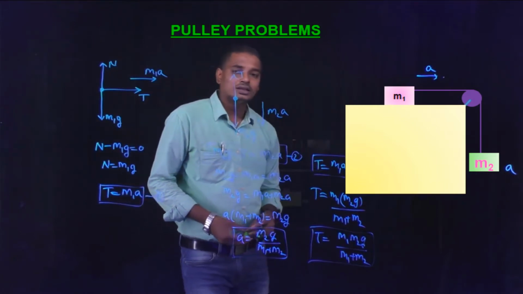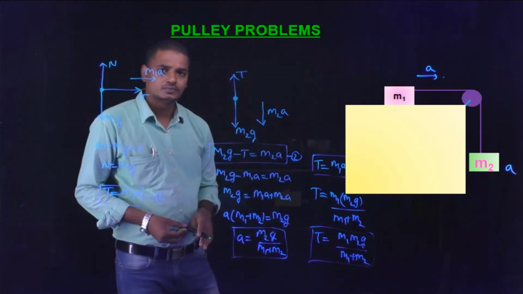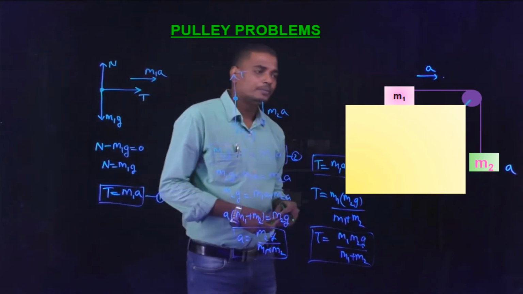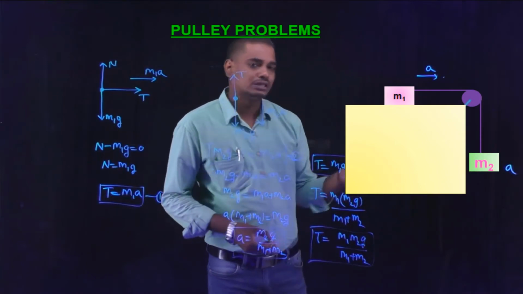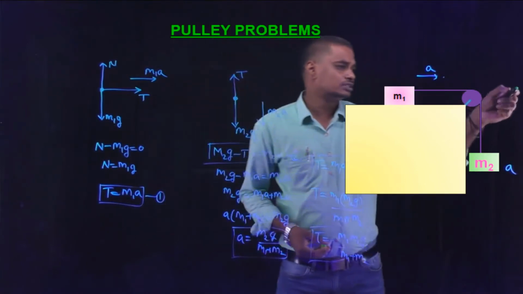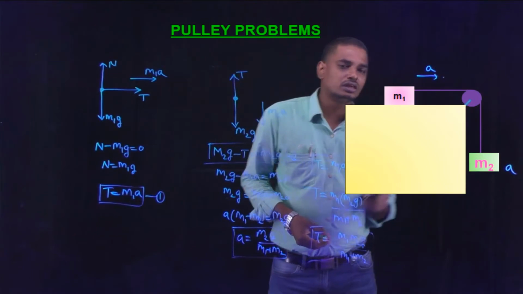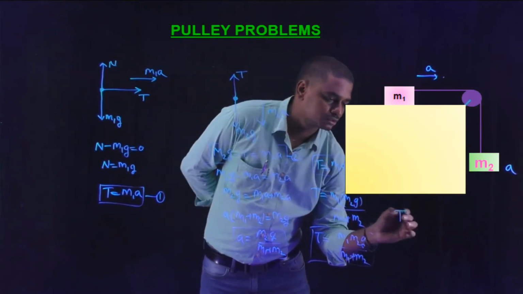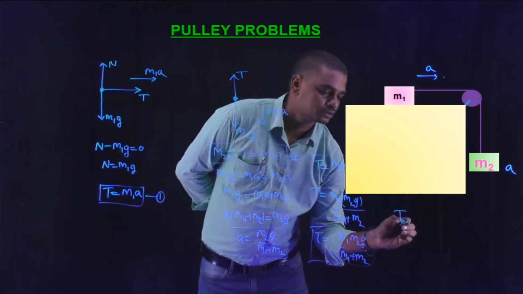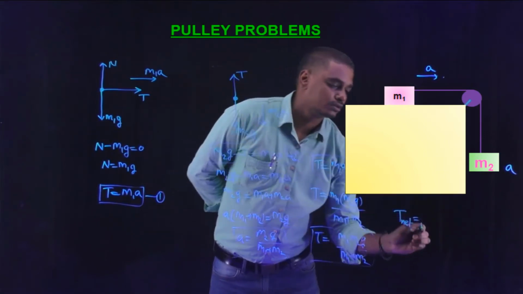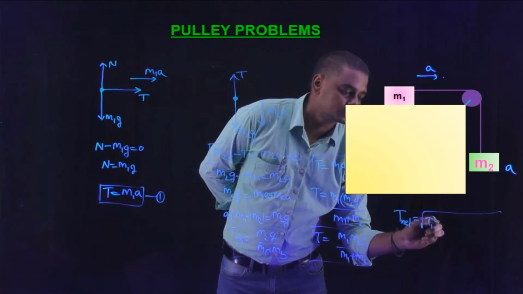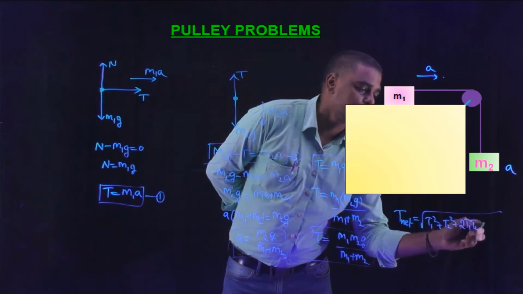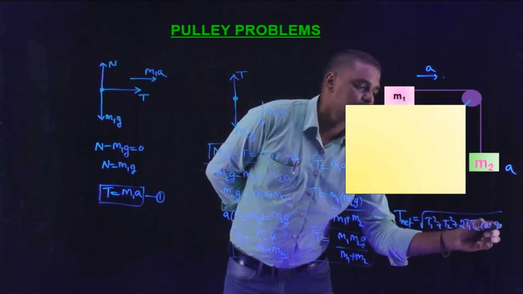Now, what is the thrust on the pulley? To calculate the thrust on the pulley, you can see here that one of the tensions is in the downward direction, and another tension is in this direction. Both are perpendicular to each other. So the net thrust or net tension on the pulley is equal to root over T1 square plus T2 square plus 2 T1 T2 cos theta, where theta is 90 degrees.